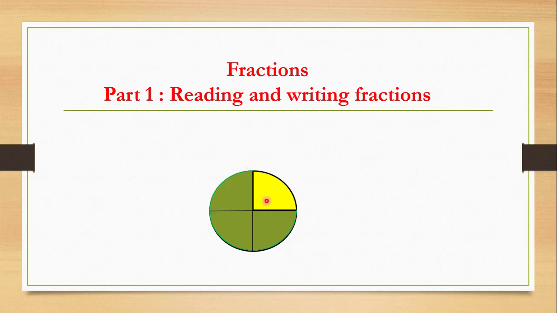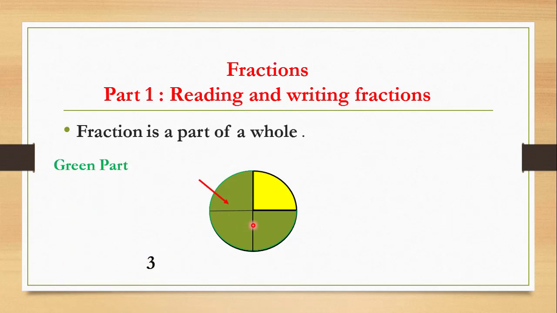So I write in the top the number of green parts. In the bottom, we will write the total number of parts, which is 4. So I write 3 over 4 like this. Okay, 3 green parts.